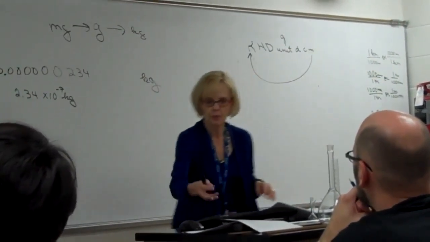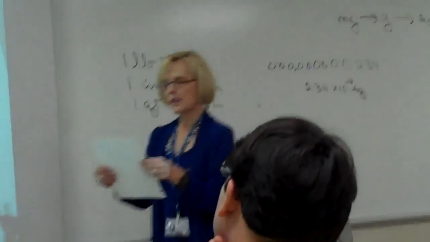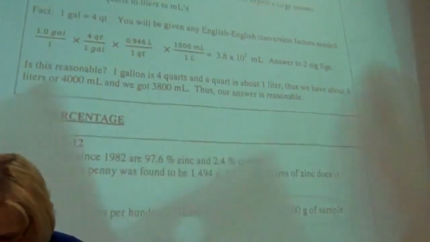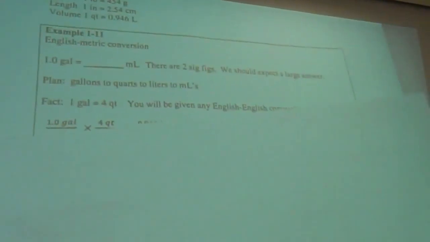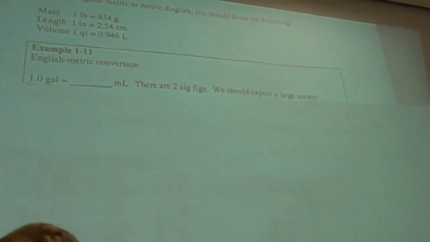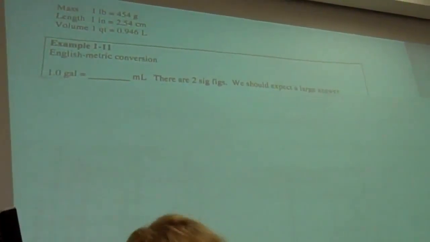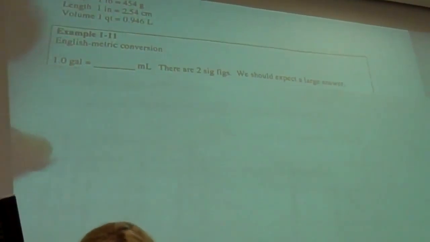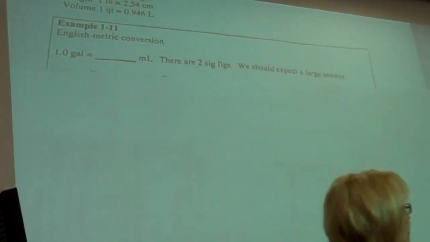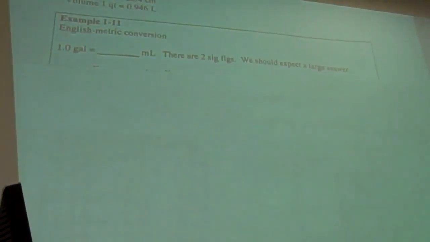So here's the problem I want us to work. And it is 1-11. Notice I said I wasn't going to take these in numerical order. Okay, I have 1 gallon.